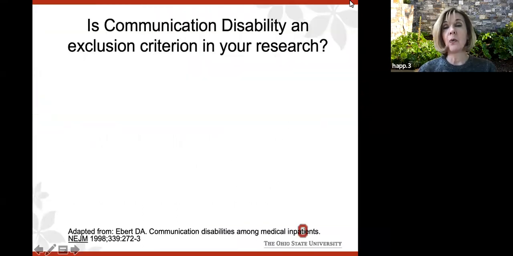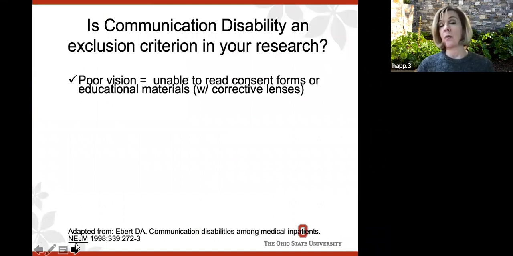So one of the questions that we're asking you to consider is: is communication disability an exclusion criterion in your research? And what I mean specifically is vision and visual acuity.